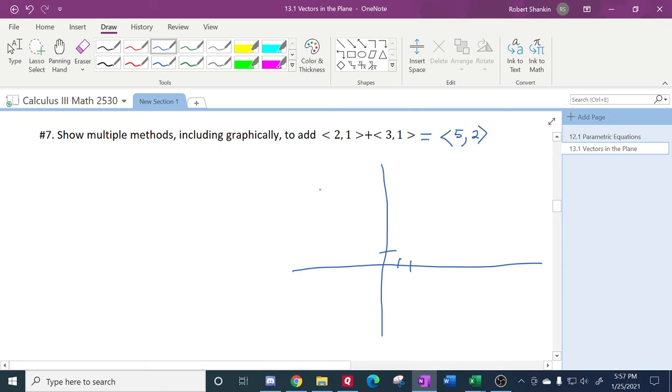And why does adding vectors work that easy? Because we can see it when we look at them graphically.